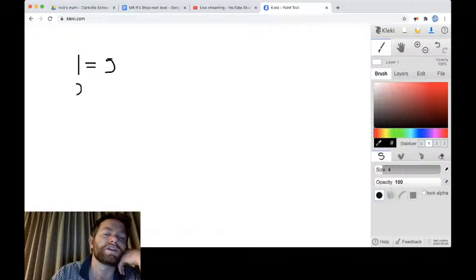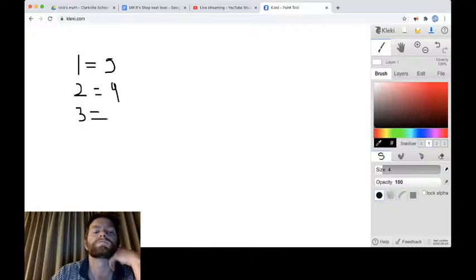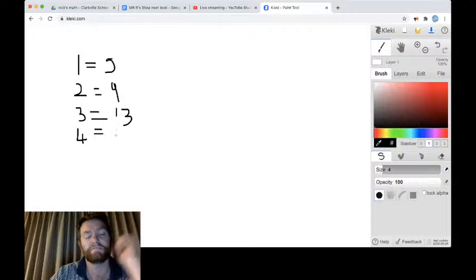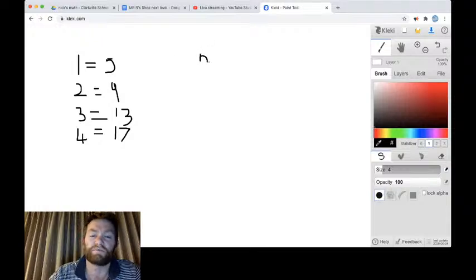Number 2 is 9. Number 3 is 13. Number 4 is 17. Now, if the formula of n times 5 worked, then my second answer would be 10. But my second answer isn't 10. It's 1 less than 10.